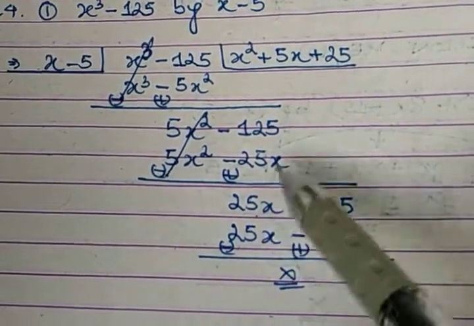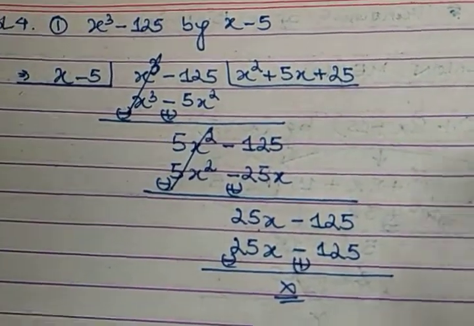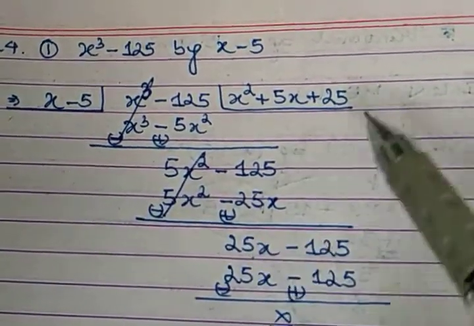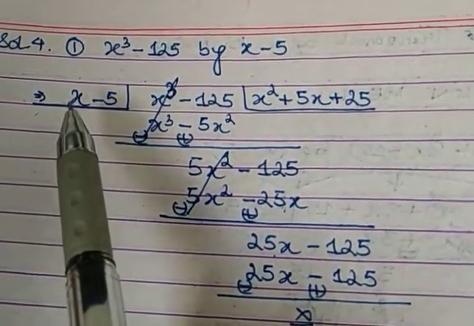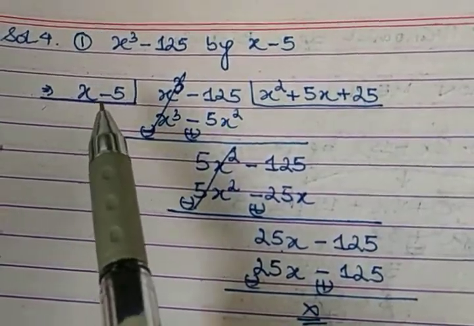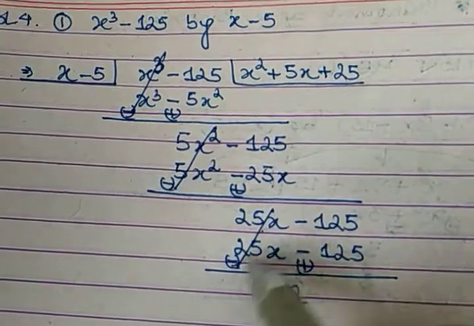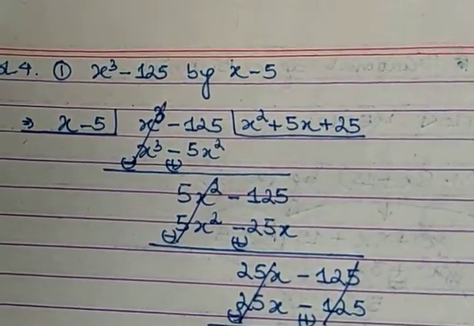So plus 25x minus 125. Now again, what should I multiply with x to get 25x? It's simple, plus 25. So plus 25 into x, plus 25x, plus 25 into minus 5, it is minus 125. So same terms, opposite signs, they are cancelled, and we got our answer.